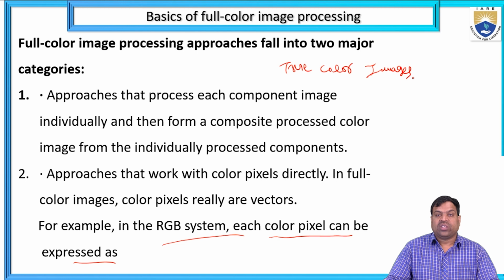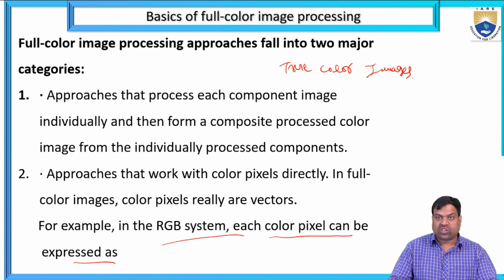The approaches either process each component image individually and then form a composite processed color image, or work with color pixels directly. In full color images, the color pixels really are vectors.